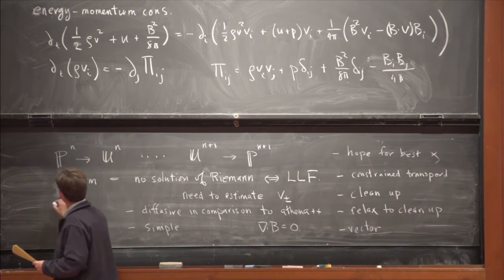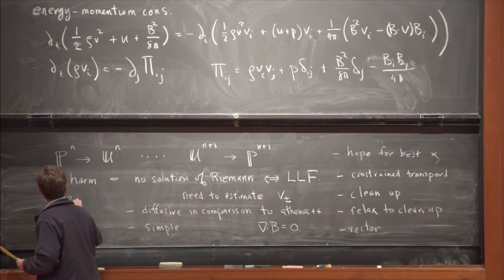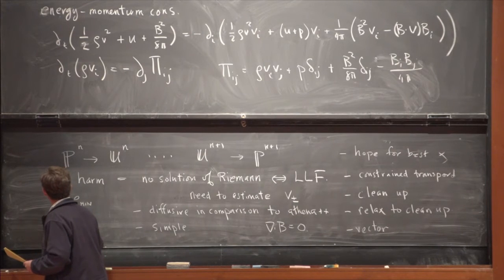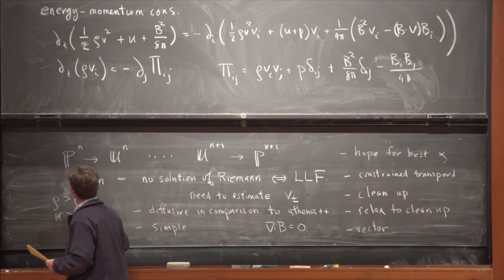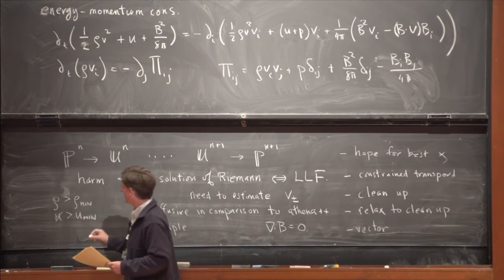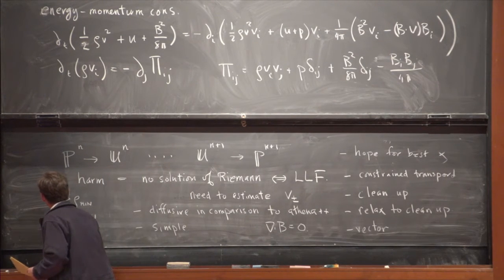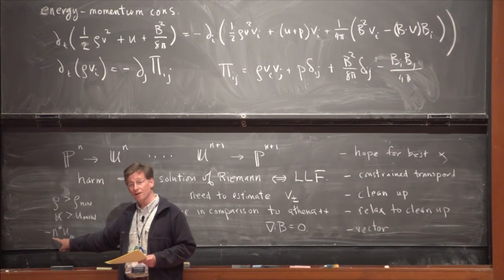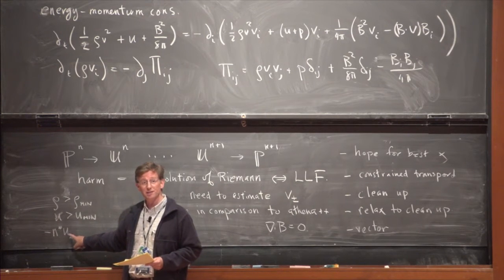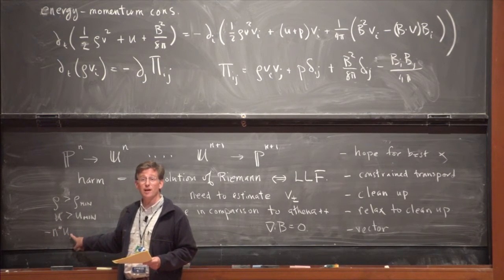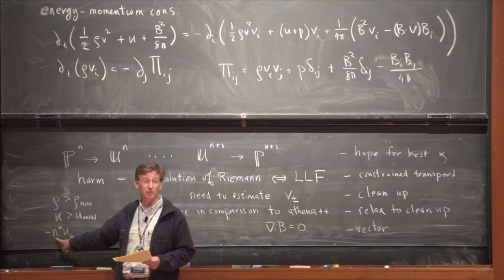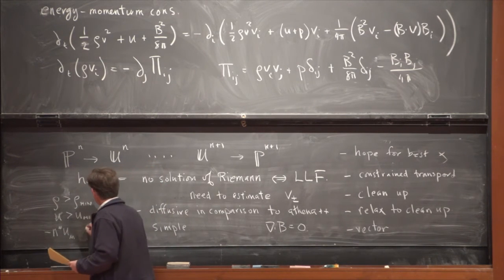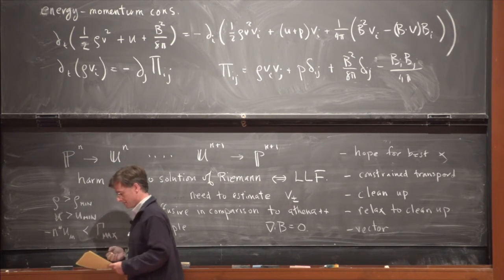Okay, so HARM imposes the following conditions. Density is larger than a minimum density. Internal energy is larger than some minimum internal energy. And the Lorentz factor, as measured by the normal observer, okay, so here's the normal observer four-velocity, here's the plasma four-velocity, minus the dot product is the Lorentz factor of the plasma in the normal observer frame. This has to be smaller than some maximum Lorentz factor.